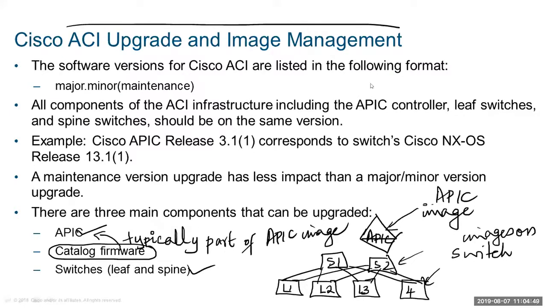So software is always in this format, the major dot minor, and of course in parentheses, a maintenance release, which typically represents any fixes for the bugs, or any defects that they may have observed.